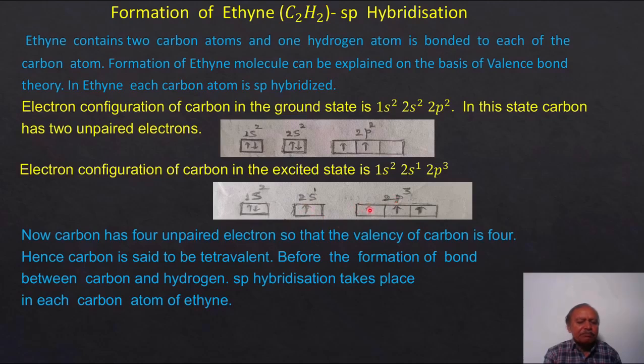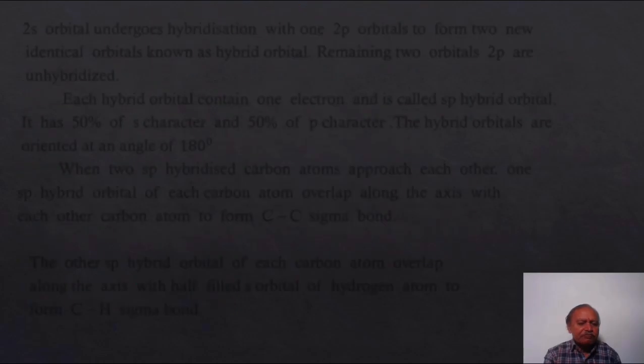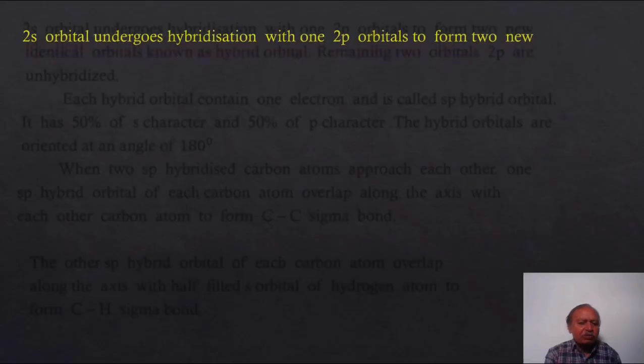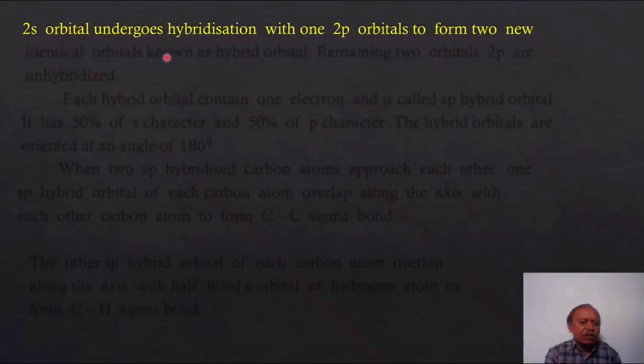Now only 2 orbitals will undergo hybridization, that is the 2s orbital and 1 of the 2p orbitals, which is sp hybridization. One 2s orbital and one 2p orbital undergo hybridization to form 2 new hybrid orbitals.